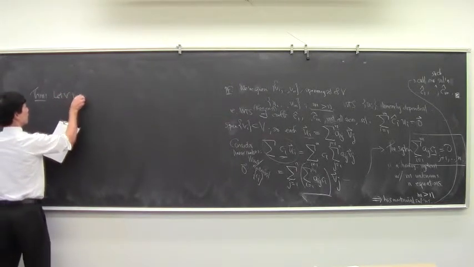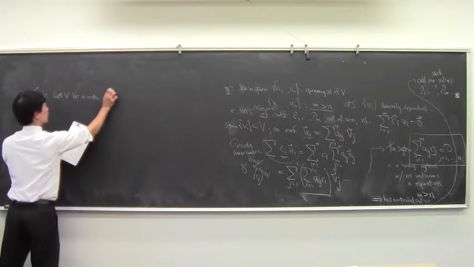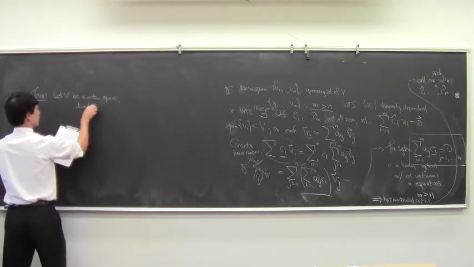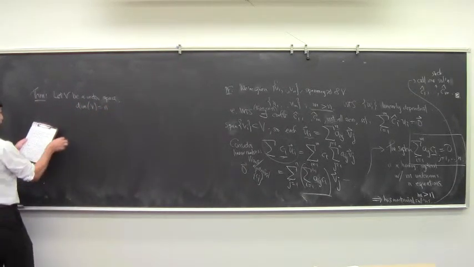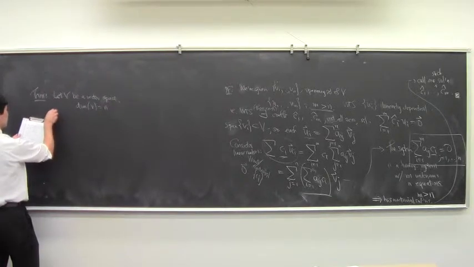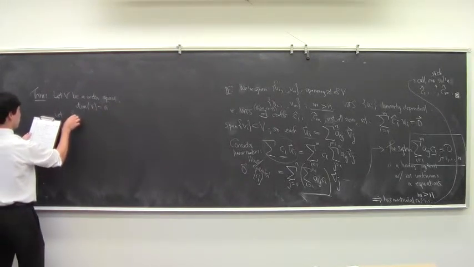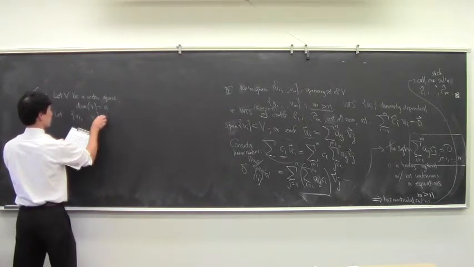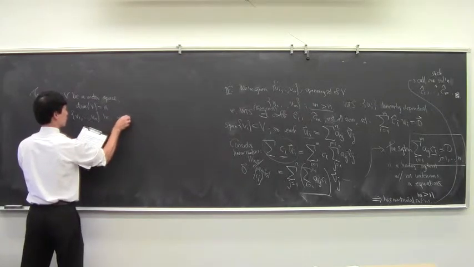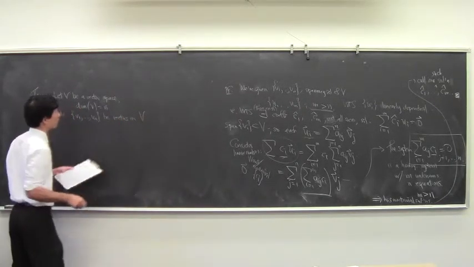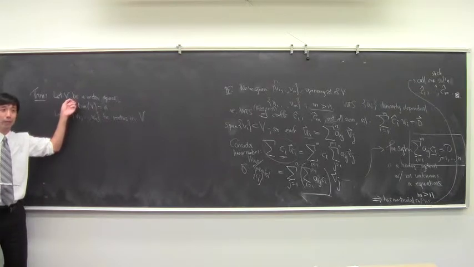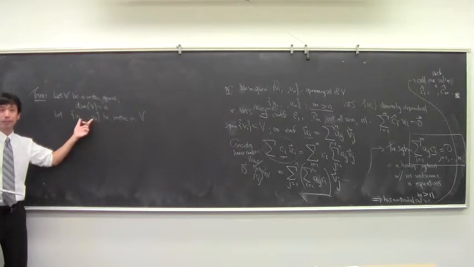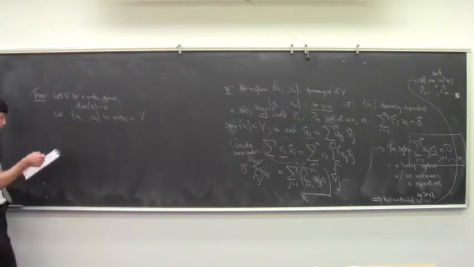Let V be a vector space with dimension n, and let V1 through Vn be a set of vectors in V. So you know the dimension already, and you have a set that's the right size.